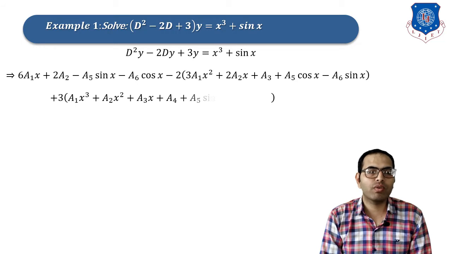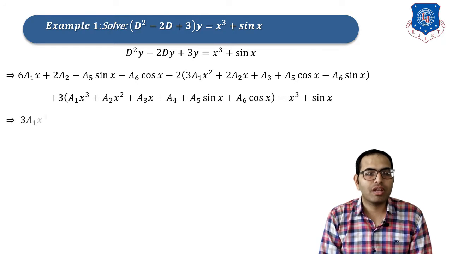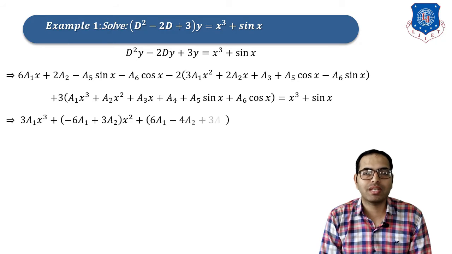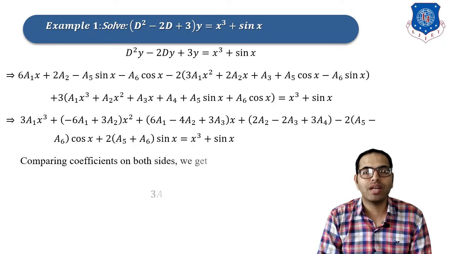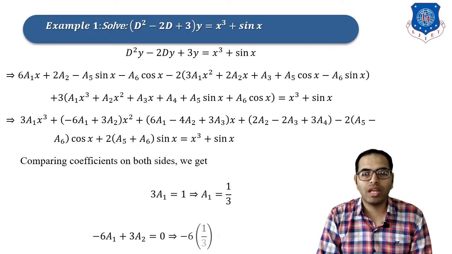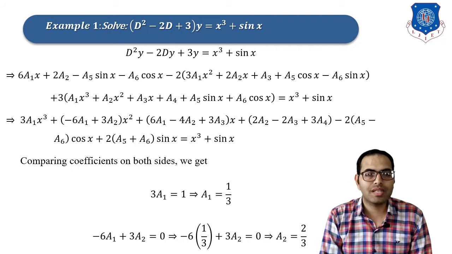Here the second derivative term is 6a1x + 2a2 - a5 sin x - a6 cos x, minus twice the first derivative terms inside the bracket, 3a1x² + 2a2x + a3 + a5 cos x - a6 sin x, plus thrice y, that is yp, a1x³ + a2x² + a3x + a4 + a5 sin x + a6 cos x, equal to x³ + sin x.